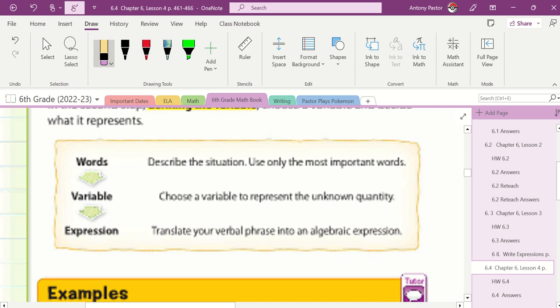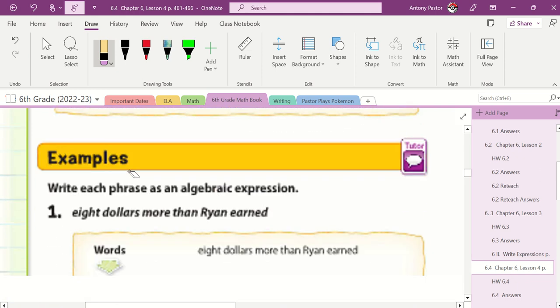So you're going to read the question and pull out all the important words. Again, values, operations, things like that. Choose a variable to represent the unknown quantity. So if we're talking about airports, you can use whatever you want. Think of a letter that represents what we are talking about. And translate your verbal phrase into an algebraic expression.